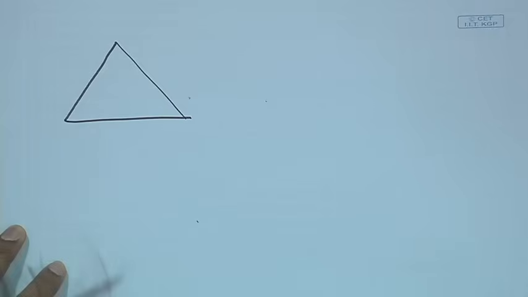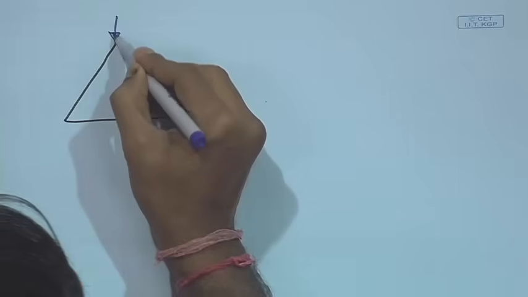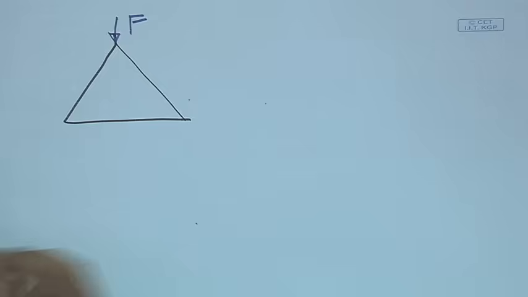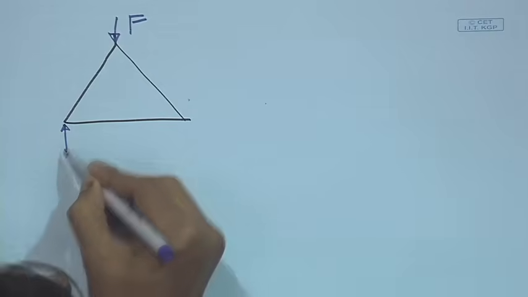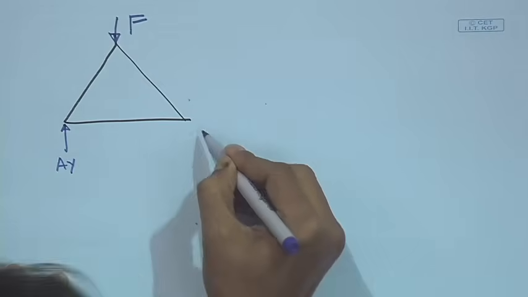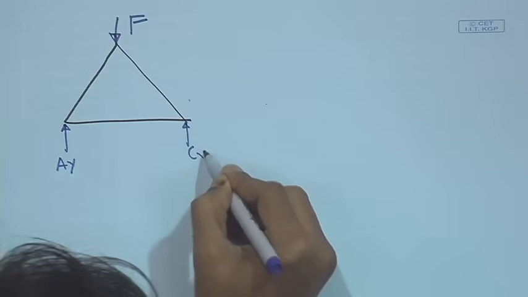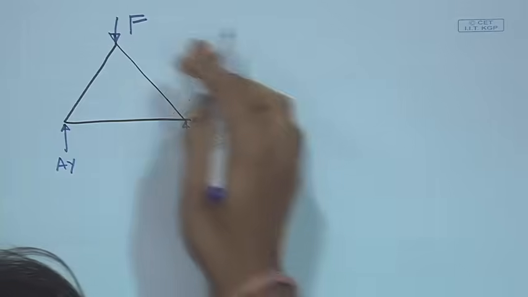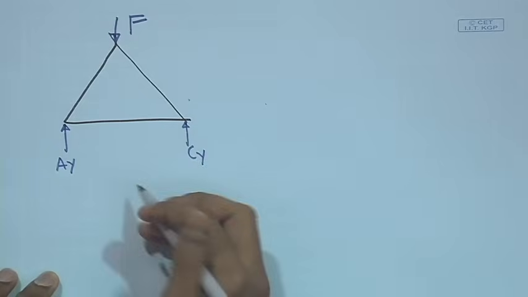Now, this is the problem, and then we have a force like this, which is F. And if you remember, this is AY, and this is CY. And this is the external force, right?